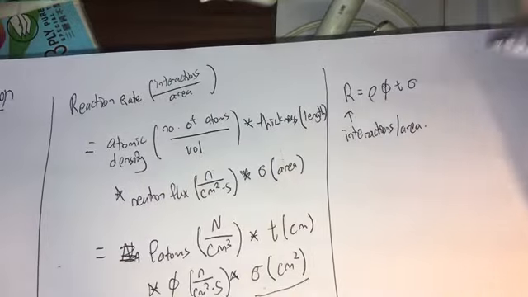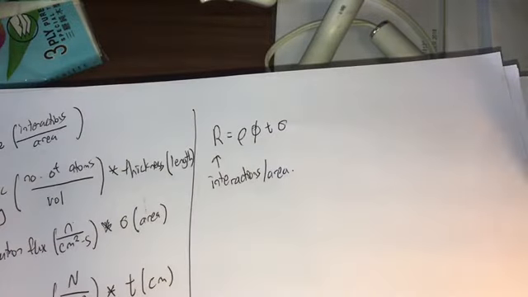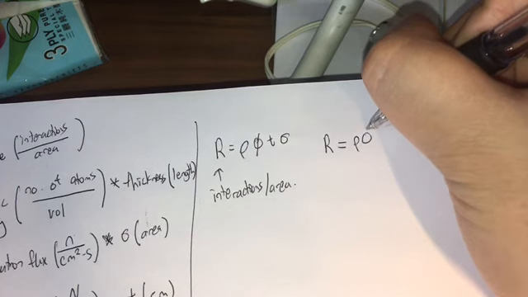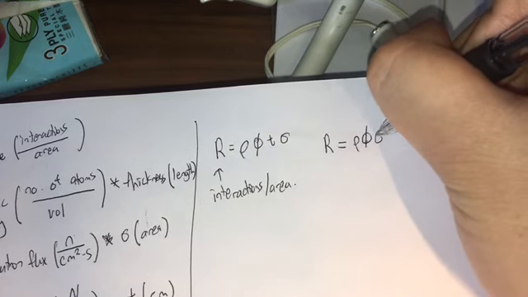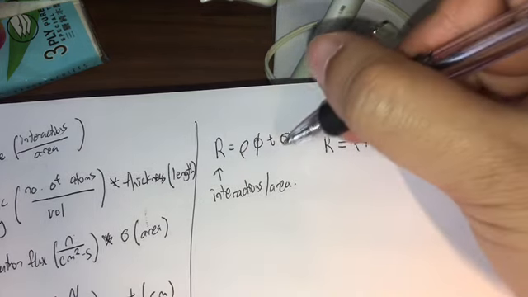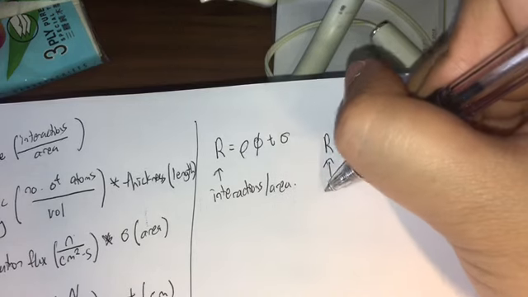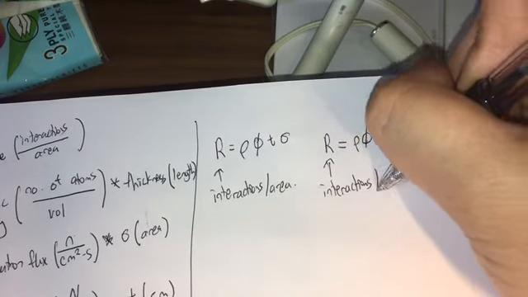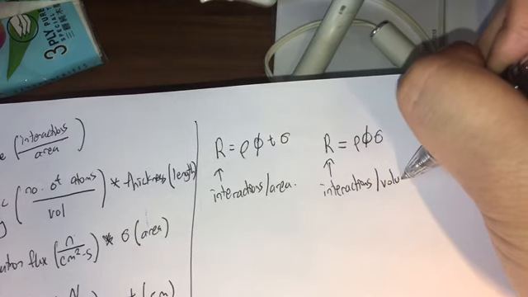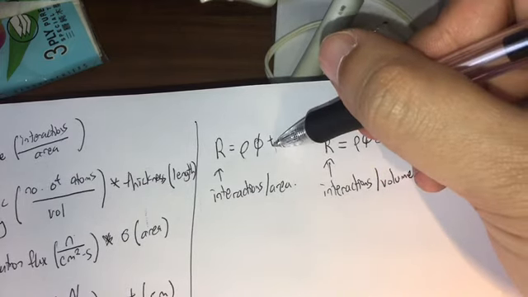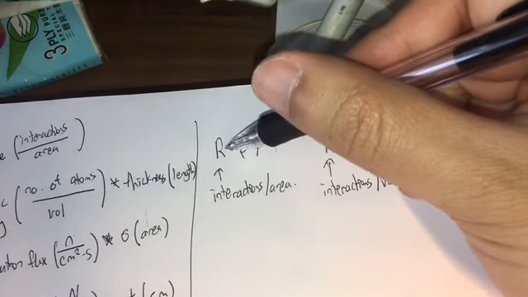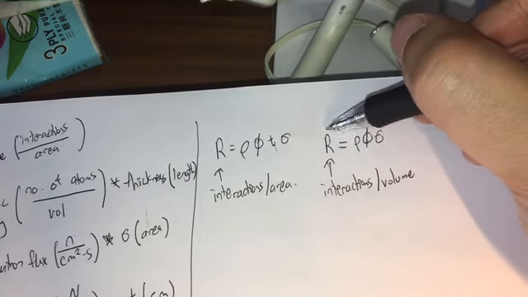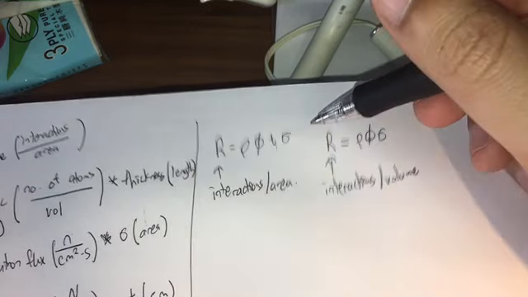Sometimes you will see equations in this form: R equals rho phi times sigma. So what happens to the thickness? Well, this R is an interaction per volume. So this thickness, you just divide both sides by T, so R by T, and that will give you this R over here.